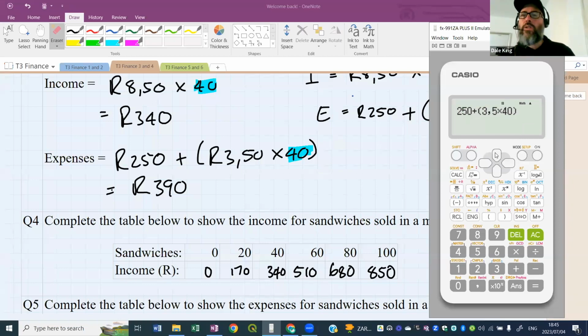What does your equation look like? It's 250 plus, and then I've got a bracket. You might not have brackets. 3 Rand 50 times, and then however many sandwiches. So if we change that number for sandwiches to 0, it's 250.